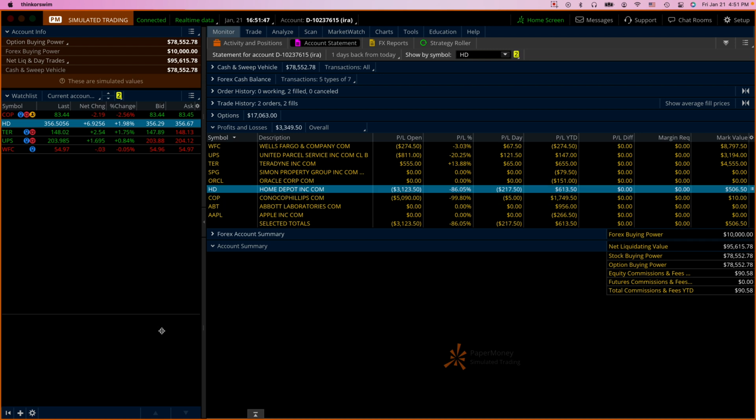So by doing all those transformations, I took some credit and reduced the overall cost of the trade, the current market value of the trade. But that could increase now, and we could take profits again at some point. Overall, year to date, we have $611 on that trade. That's Home Depot.